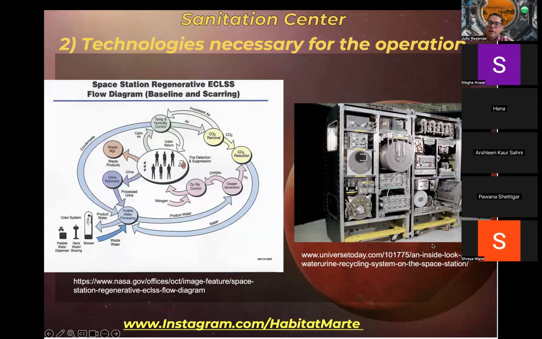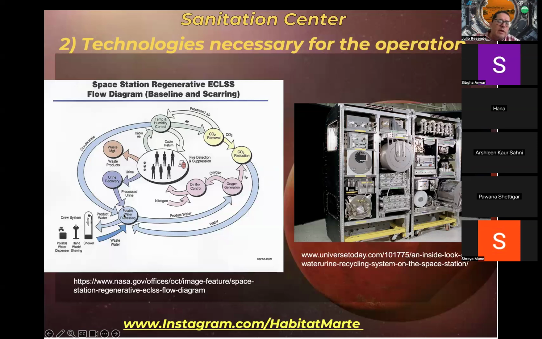This is a very unique piece of engineering, and we imagine the possibility that in the future a system like this will also be operating on Mars. This is a representation of the space station's regenerative environmental control life support systems.